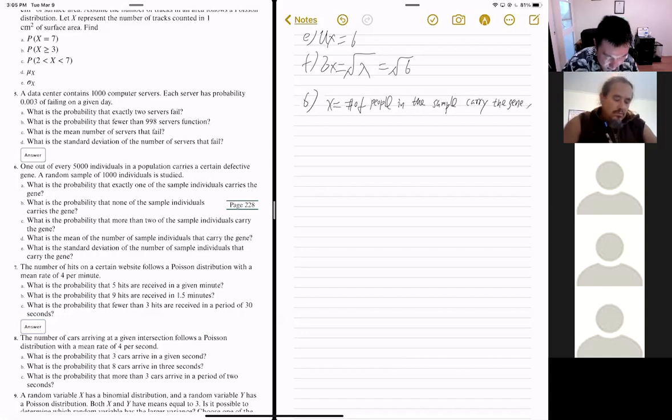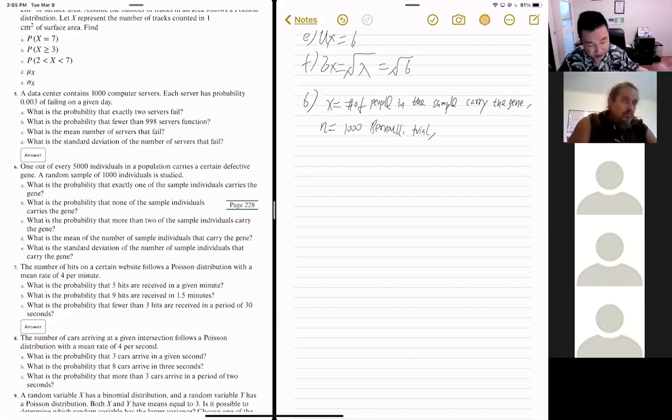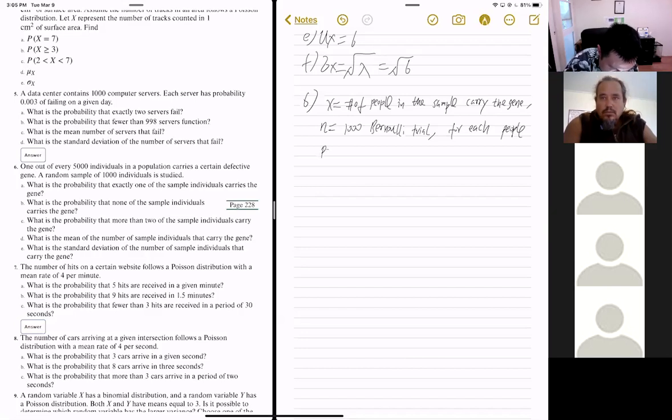So N is 1,000, and for each one of these people, the success probability is 1 over 5,000, which is 0.0002.